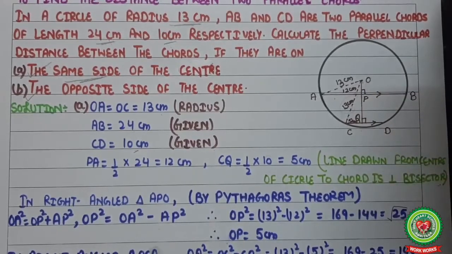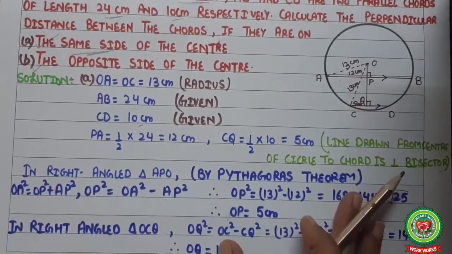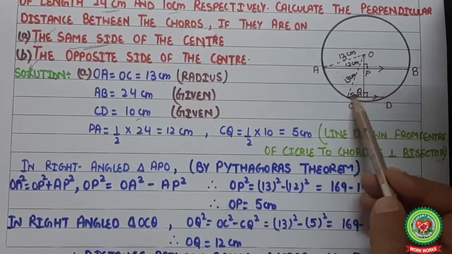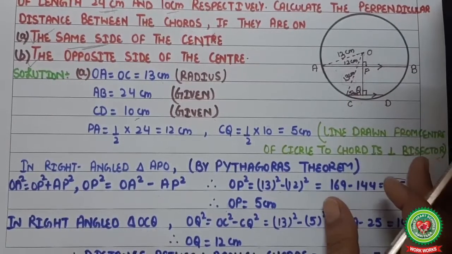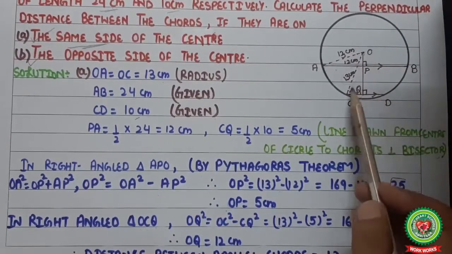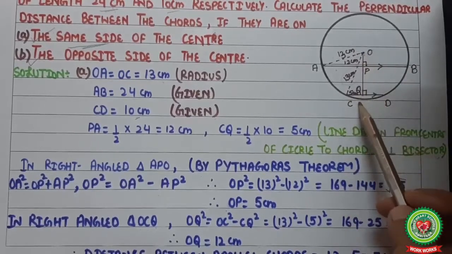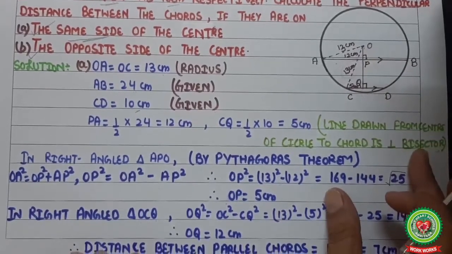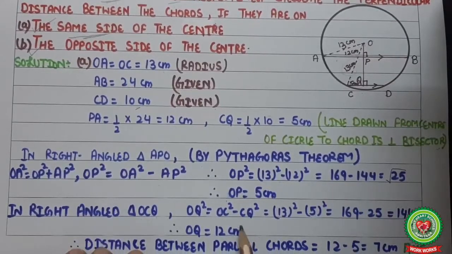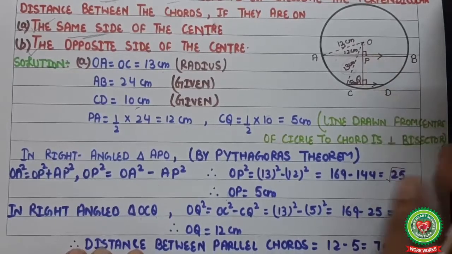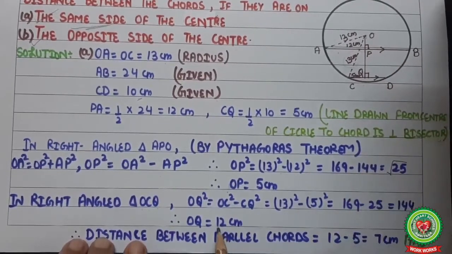Now students, see the other right angle triangle, that is triangle OCQ. OCQ is this triangle. Now in this triangle, OQ is the hypotenuse and this will be the base and this is the perpendicular. Now put the values after applying the Pythagoras theorem. Here also we will get OQ, OQ as 12 cm.